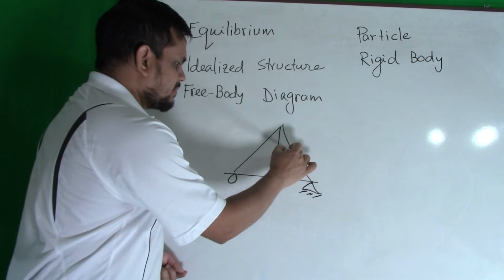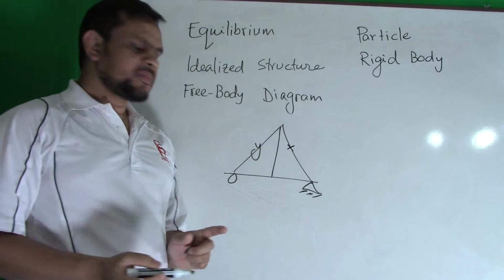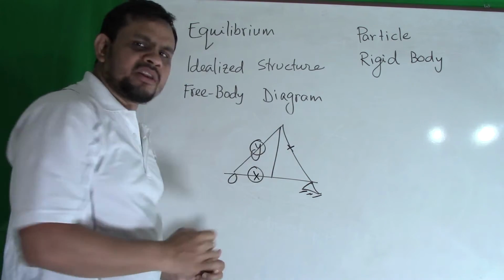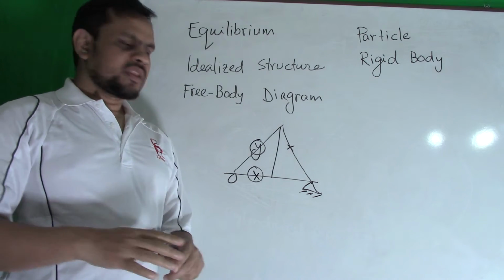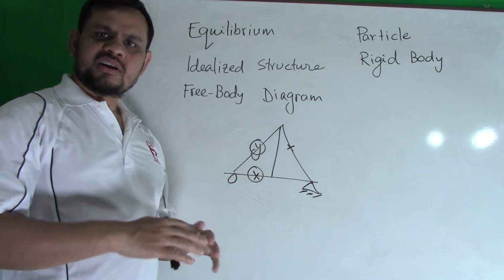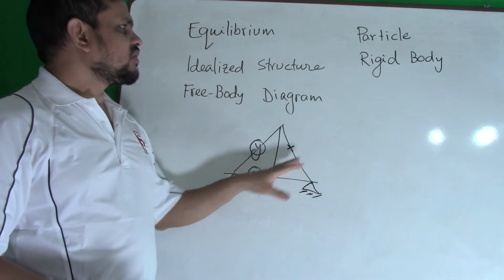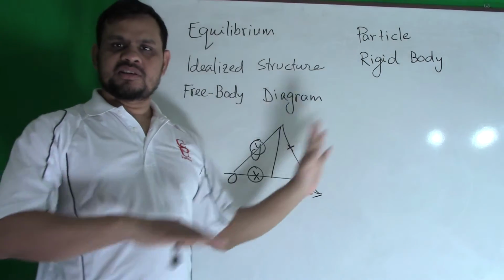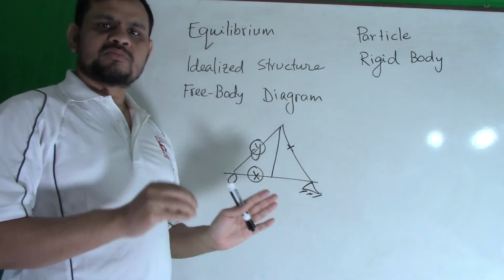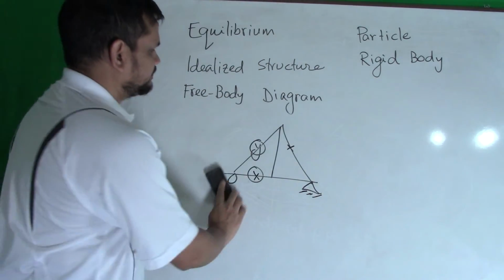This member and this member, X and Y, may not be the same. Even this member and this member may not be the same. So here this member and this member are quite different. This one we can consider a body. What is rigid? Rigid means the deformation on this body is very small, so we can consider it a rigid body.